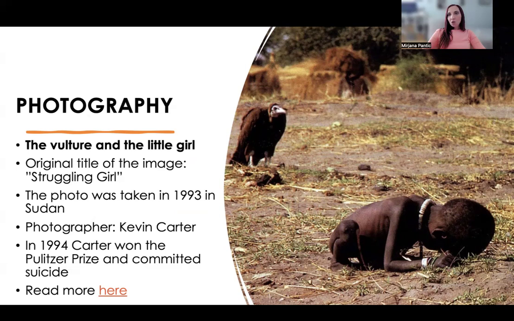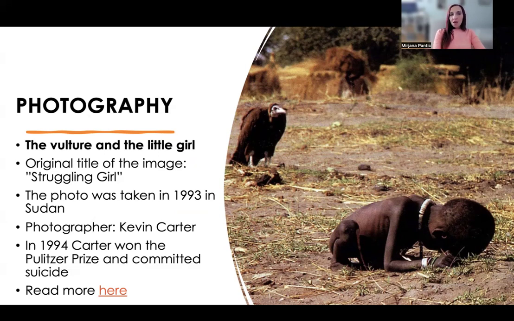So I want you to take a look at it, and I want you to read more about how this photograph was published and what the main reaction was after people saw it in newspapers. I want you to go to the discussion board and read more, get acquainted with this photograph.